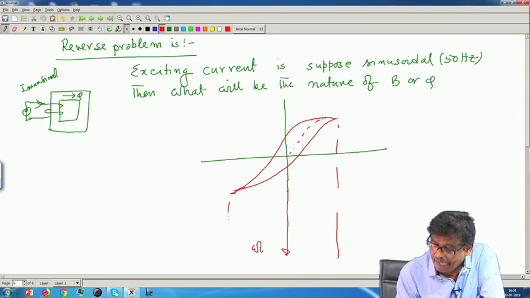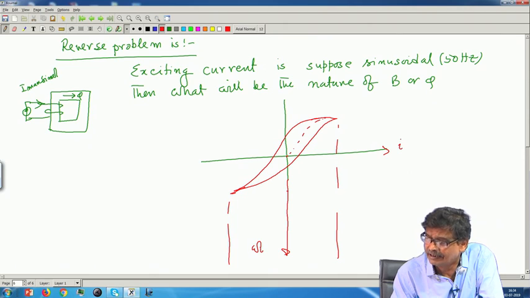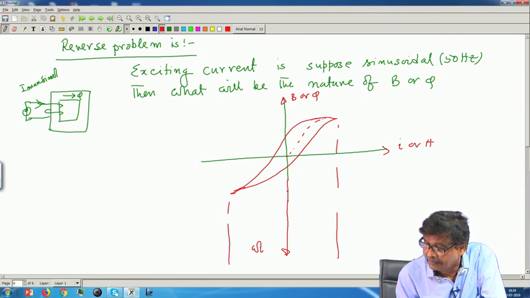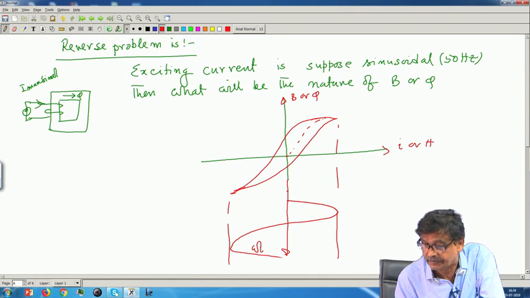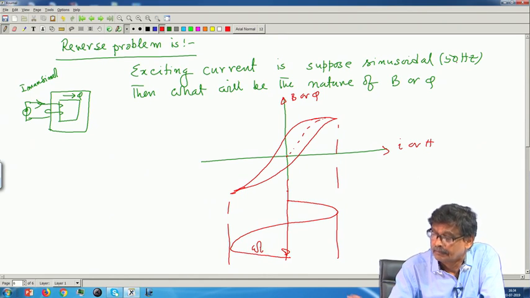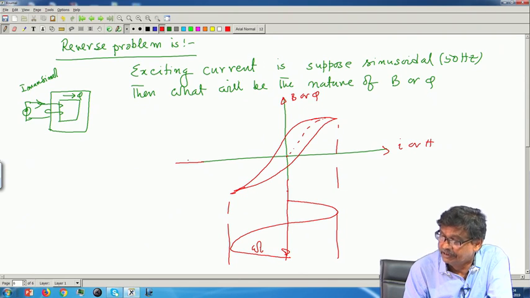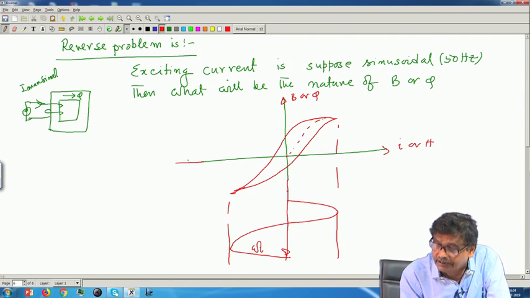Mind you, this axis is either current or H. This axis is B or phi for a transformer. I will make the current waveform sinusoidal 50 hertz, one frequency. Current is sinusoidal, what is the nature of B?